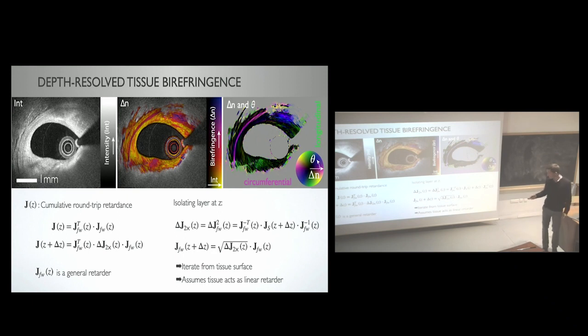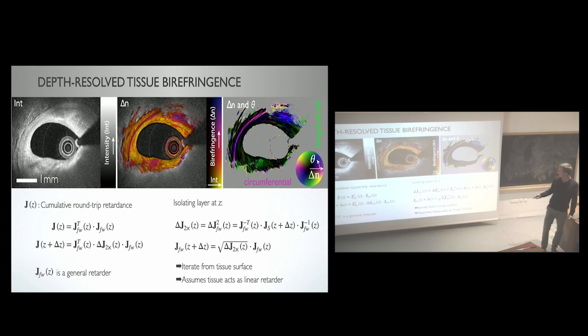So the only approach we can take is to iterate from the tissue surface and build up our forward Jones matrix as the stacked effects where we measure each thin layer. And here we have to take the assumption that that thin layer is indeed a homogeneous linear retarder, which I think for many tissues is a safe assumption, but still there are some clear assumptions in there.